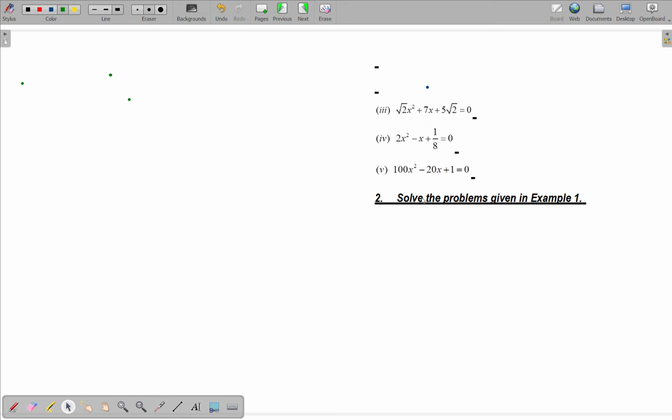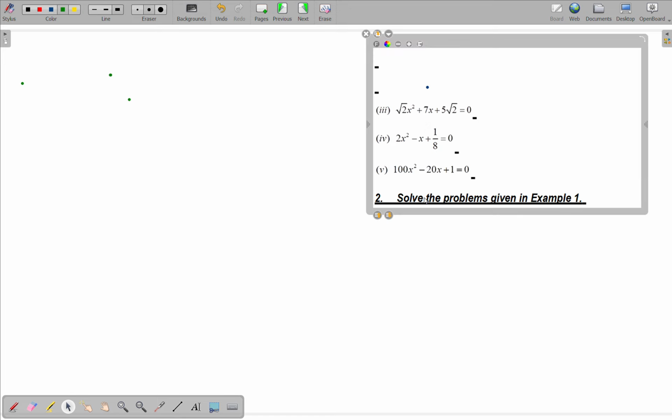Now next question. Question number 4. 2x square minus x plus 1 by 8 is equal to 0.